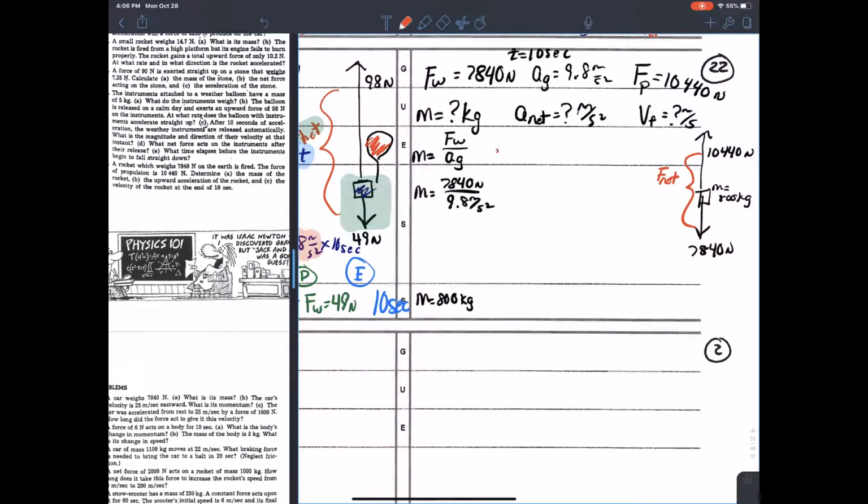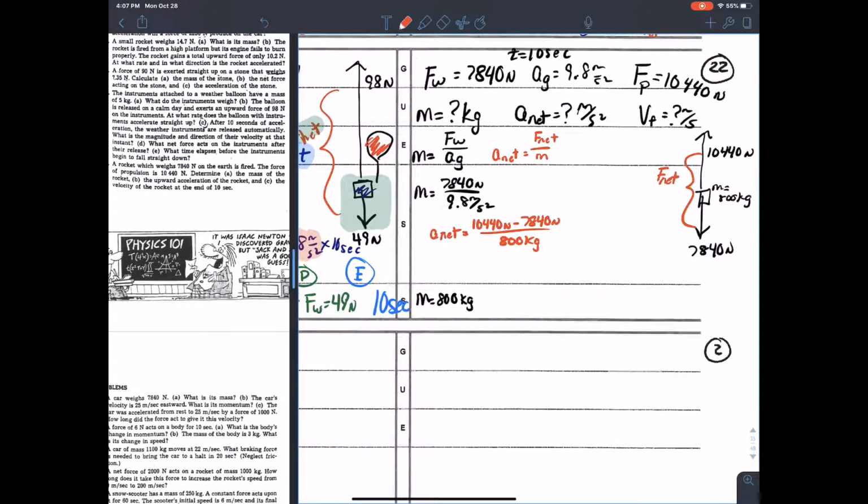So to get your net acceleration, we're going to take the net force divided by the mass that you just got. So A net equals the net force, that's the 10,440, minus the weight of the object, divided by the 800 kilograms that we got from the previous question.